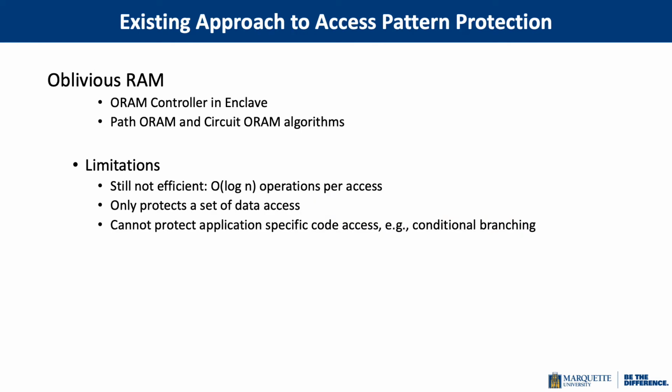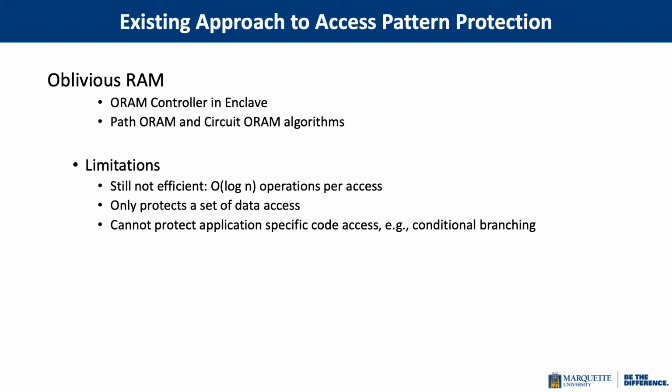Speaking of access pattern leakages, there are existing solutions for this problem. Oblivious RAM, known as ORAM, is very well known to protect the access pattern between a server and a client. So researchers have been experimenting with ORAM to address the data access patterns of SGX applications. In the SGX setting, the ORAM controller is kept in the enclave, which protects the access pattern between the trusted and untrusted memory. Researchers have been implementing Path ORAM and Circuit ORAM algorithms to protect the access patterns of SGX applications.